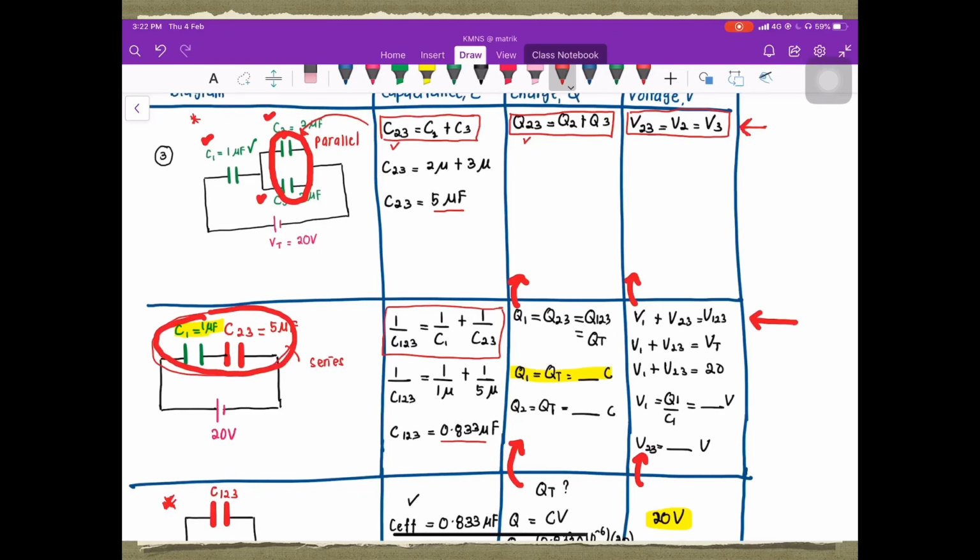So Q23 actually, where do you get Q23? We get Q23 from the below row. Then Q2 plus Q3.